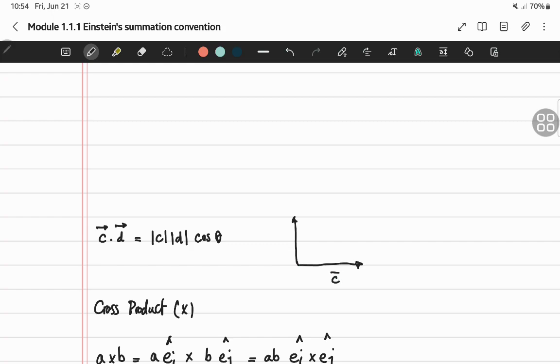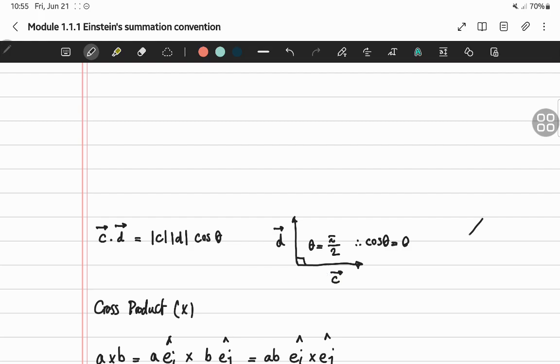So if this was C and this was D, the angle usually was, for example, half pi, and therefore the cosine theta was 0. If we had two vectors that are orthogonal, their dot product was 0.